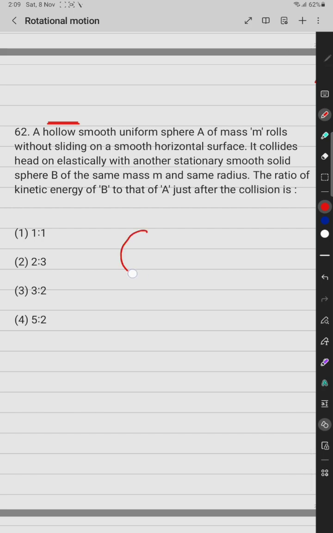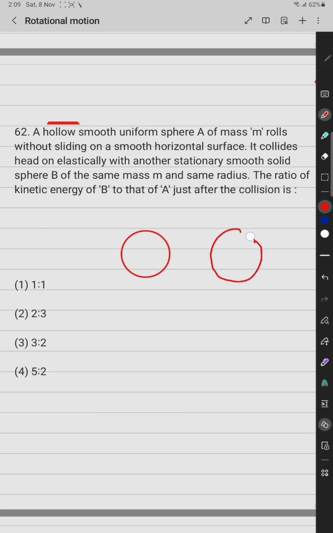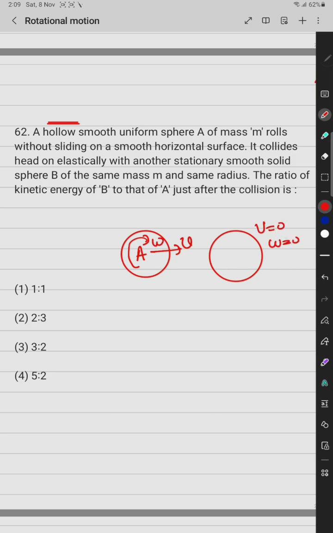Suppose A is given, B is given, and A and B both are identical, with the same mass and same radius. Now this A rolls without slipping. It means its velocity is v and the angular velocity is omega. For B, the velocity is 0 and omega is also 0.